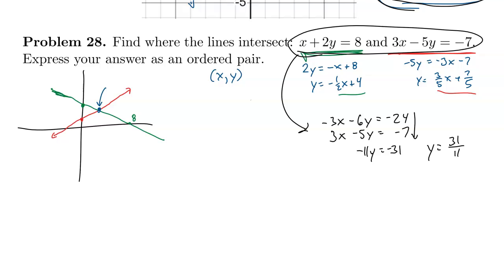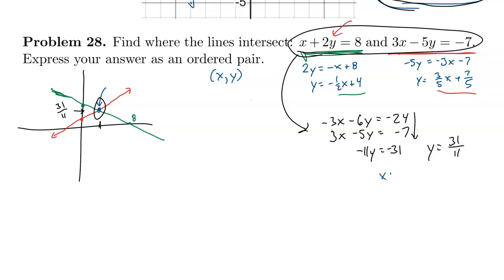That's a pretty challenging number to guess from this graph. We found that the y coordinate here is close to 3. 31 over 11 would be the height of that intersection point. To find the horizontal position, I can plug this back into one of the equations. So let me plug it back into this first equation.